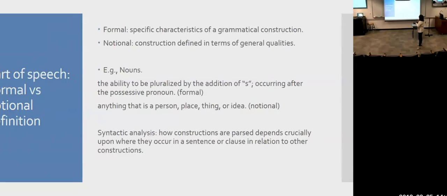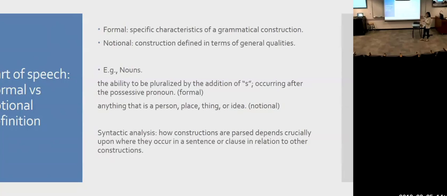So, here is a formal definition that might work, right? Because we know at this moment we discuss some grammatical features, and then we know this belongs to the category of noun. Why? Because for nouns, we know some characteristics go like this. The ability to be pluralized by the addition of s, in most cases. However, that would not apply to uncountable nouns, right?